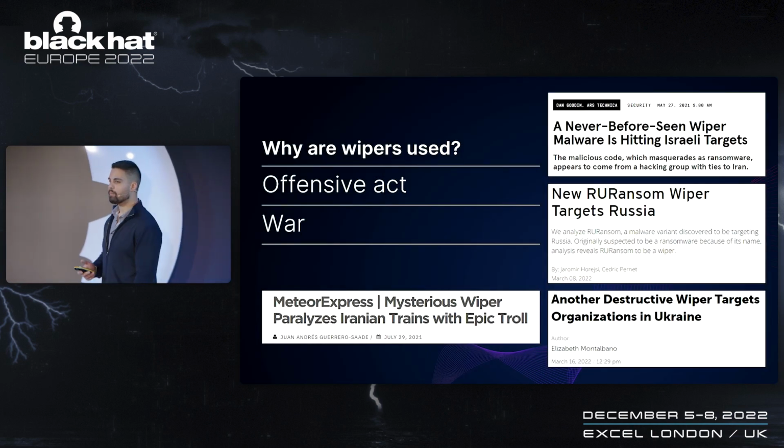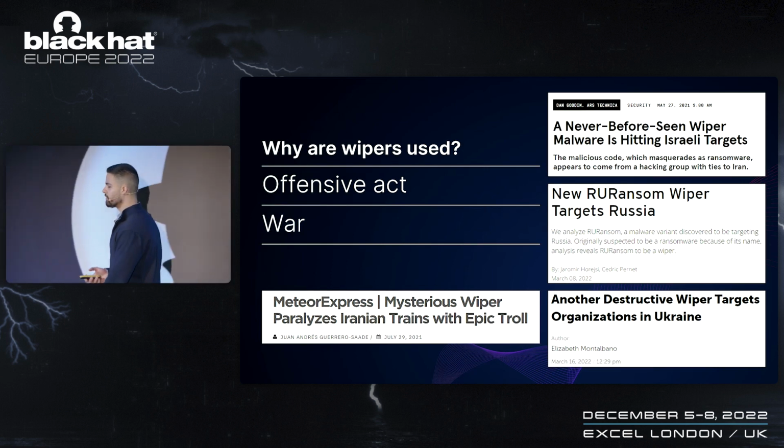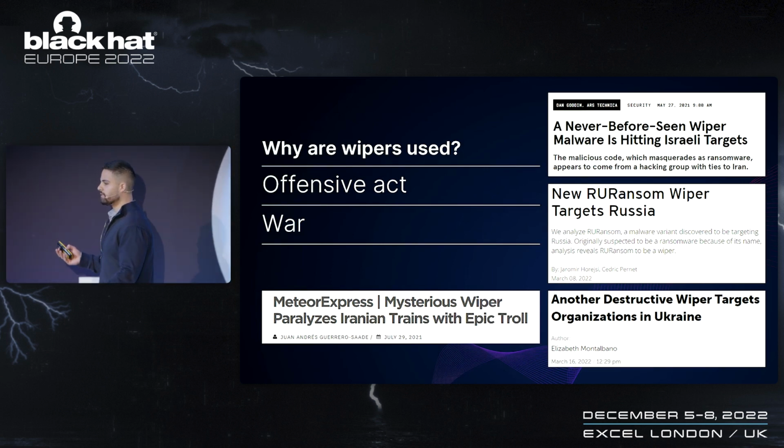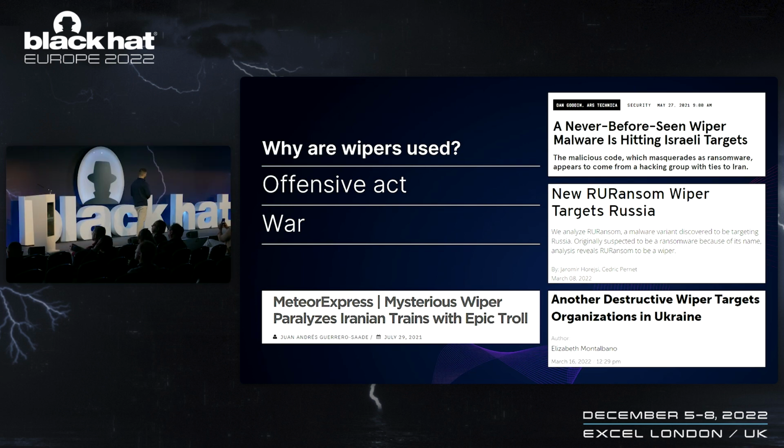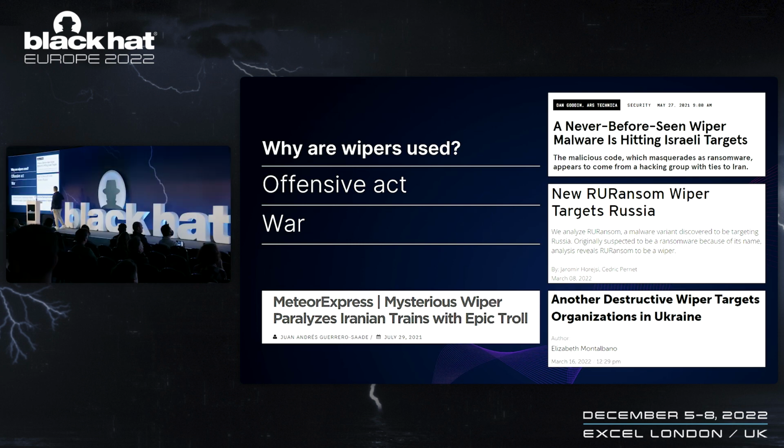But what are wipers? Why are wipers even used? They are mainly used for some kind of offensive acts. So let's say a war. A very good example of a war that we currently see is the war between Russia and Ukraine. In the attachments I added here, we can see that both Russia and Ukraine were attacked by wipers recently.